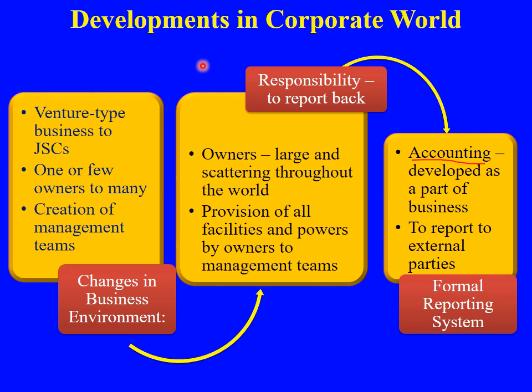If there are few owners, you are supposed to communicate your business transactions to those few owners. But due to the emergence of joint stock companies, these few owners have transformed into many owners, who are scattered throughout the world.